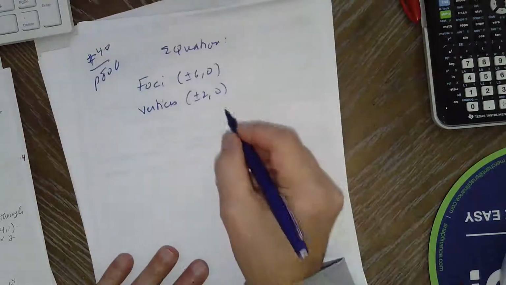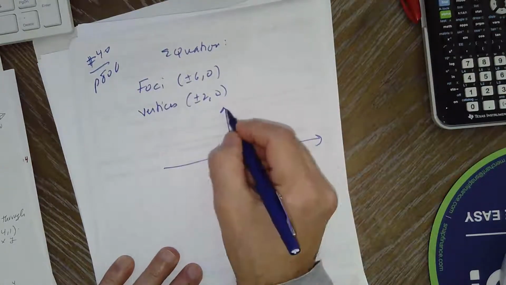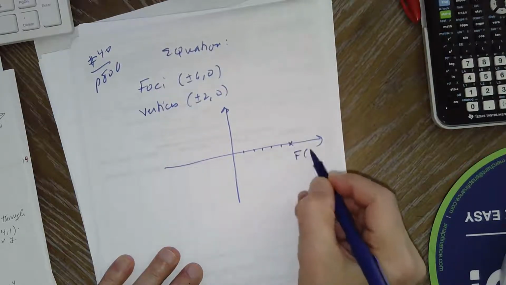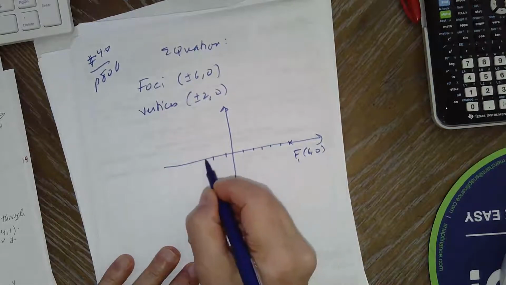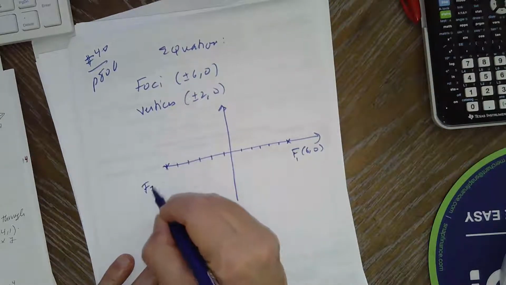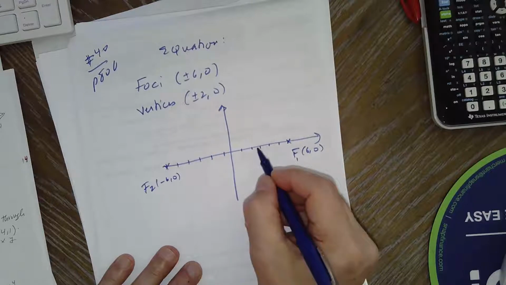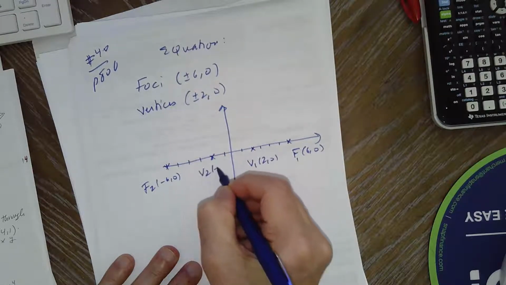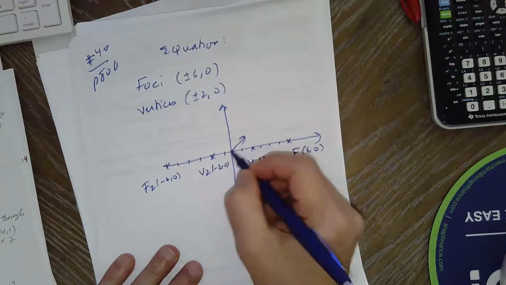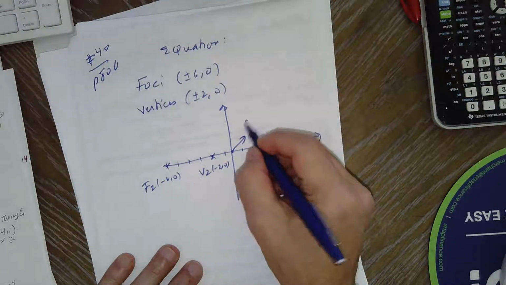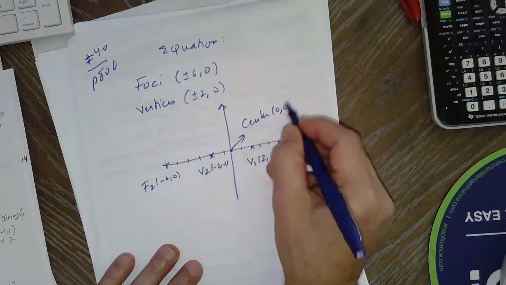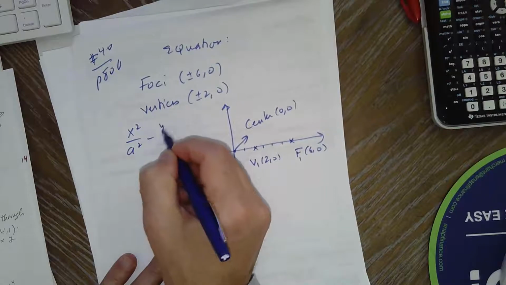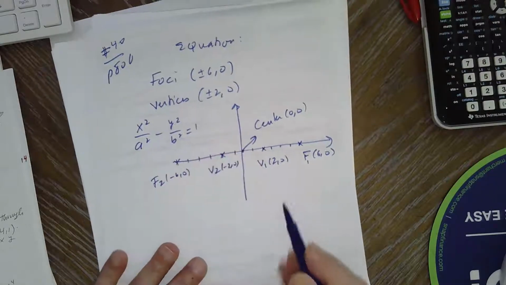So let's just take a quick look. The foci are 6, 0 and negative 6, 0. The vertices are 2, 0 and negative 2, 0. So the center, obviously the midpoint of V1, V2, F1, F2, is 0, 0, and it's going to open right and left. So x squared over a squared minus y squared over b squared is 1.